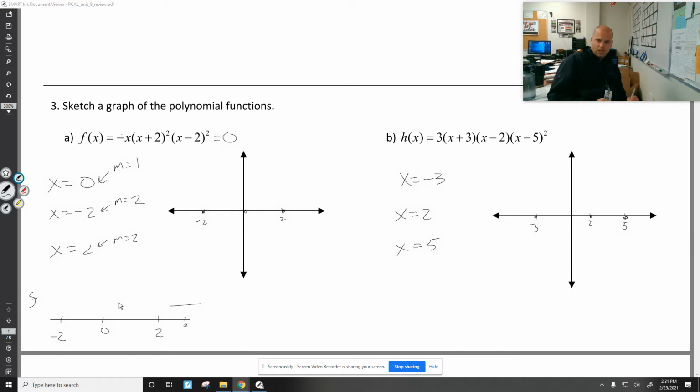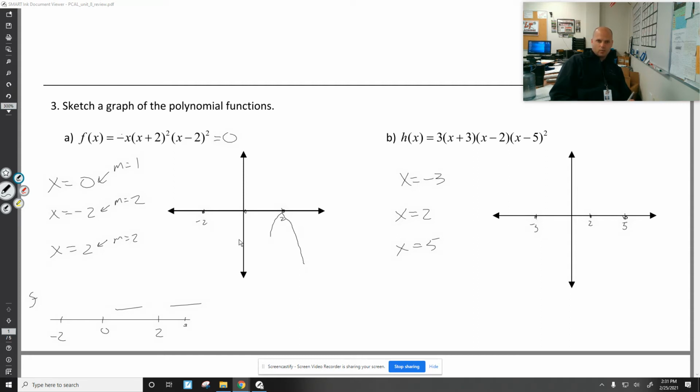Now, we could do the same thing with the sign analysis. I could plug in 1, check the signs, and so on. Or, since you know the multiplicities, at 2 your multiplicity is 2, so you're going to bounce. That means your signs aren't going to change. You're going to go from negative values and then bounce off those.